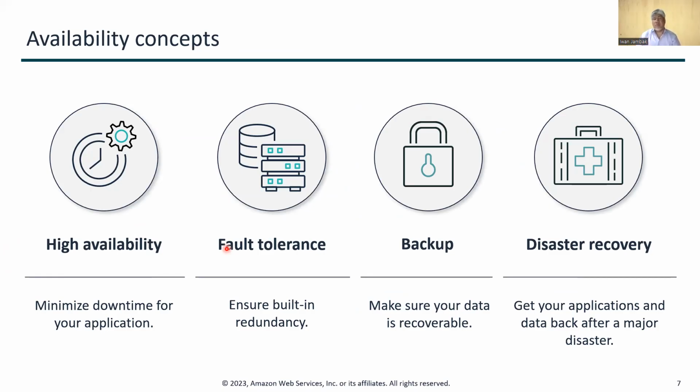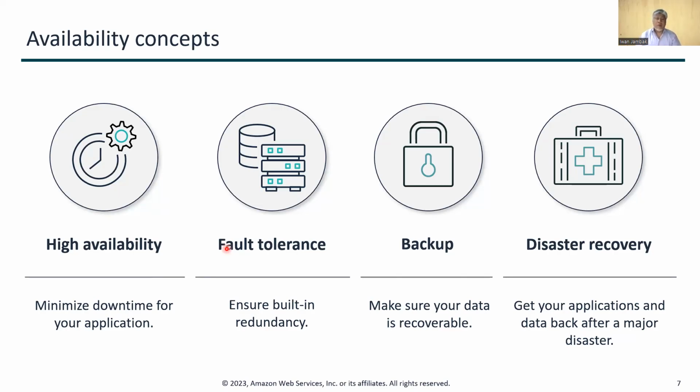Meaning that you prepare for failure. That's why we use multi-AZ, for instance. We put in redundancy, a duplicate replica. So whenever the primary has a problem, you can promote the standby one.